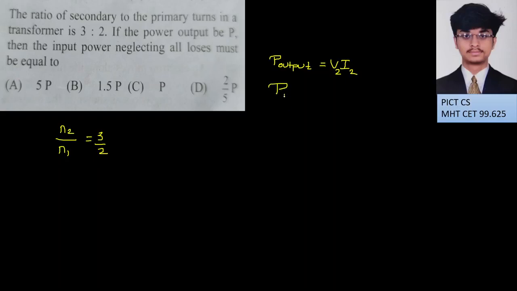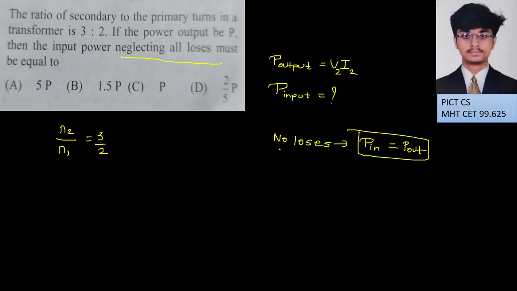We have been asked the input power, but it is given that we neglect all losses. So I don't think we need to solve this question, as there are no losses. It means the power input is the power output.